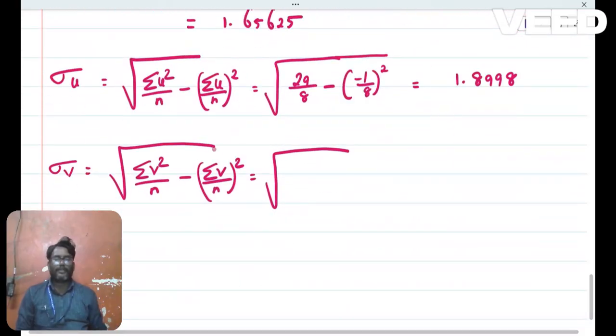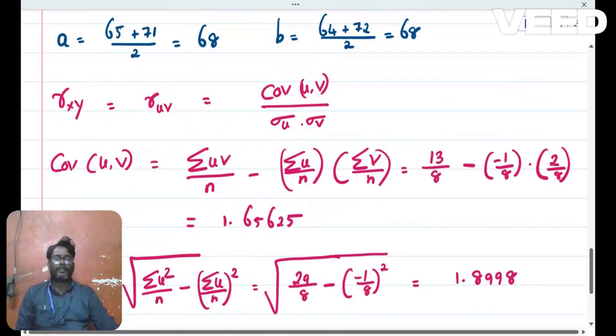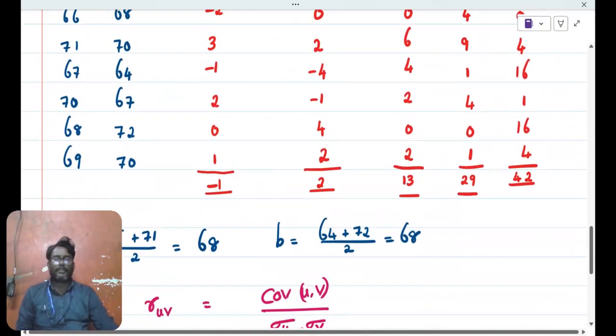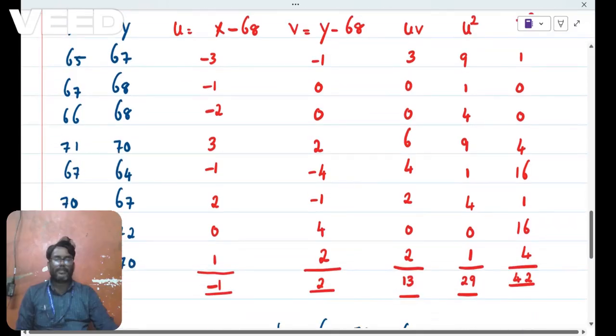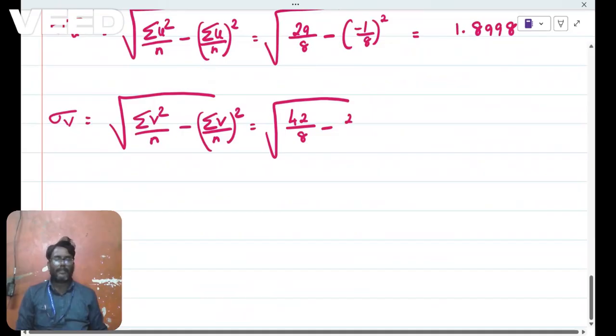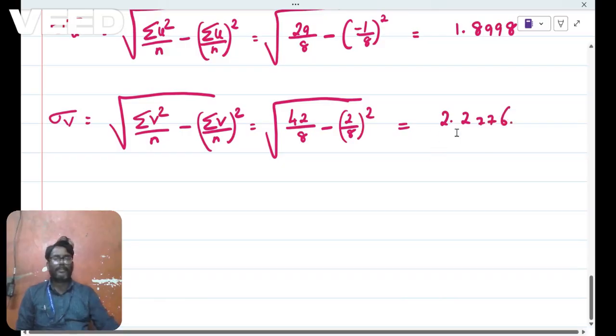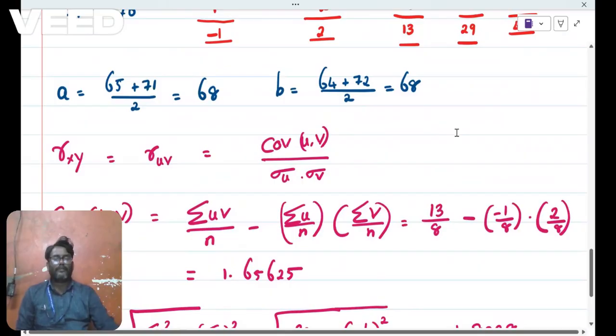So 42 divided by 8 minus sigma v, which we already used in finding the covariance, that is sigma v is 2, so 2 divided by 8 the whole square. The value is 2.2776.